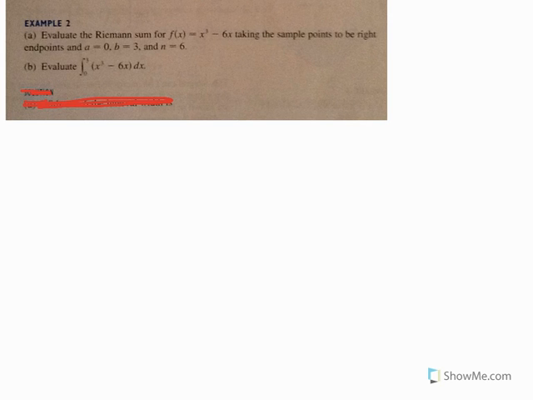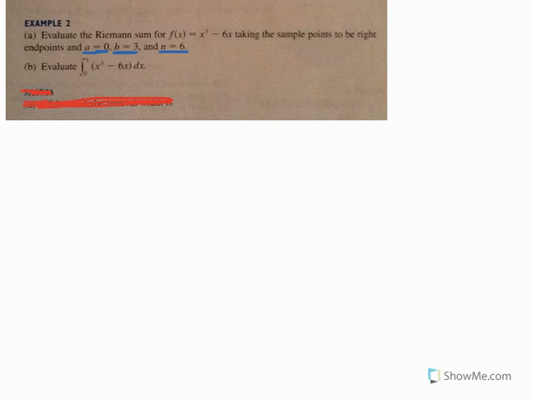So first, it says evaluate the Riemann sum for f of x equals x cubed minus 6x, taking sample points to be right endpoints, and a equals 0, b equals 3, and n equals 6. So basically what we're doing is finding the area under the curve x cubed minus 6x from 0 to 3.